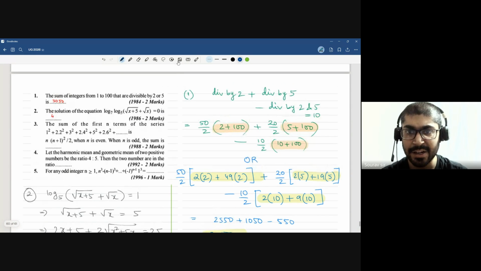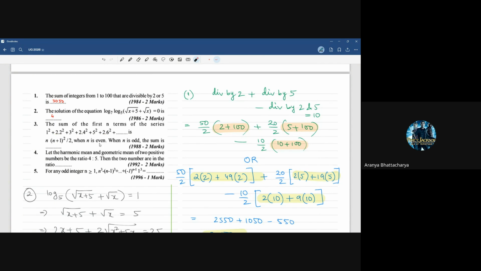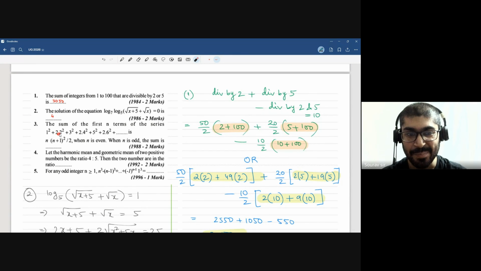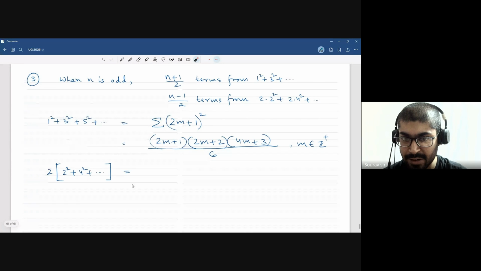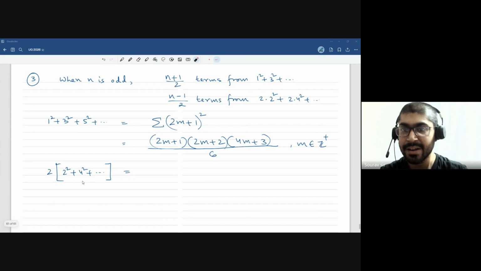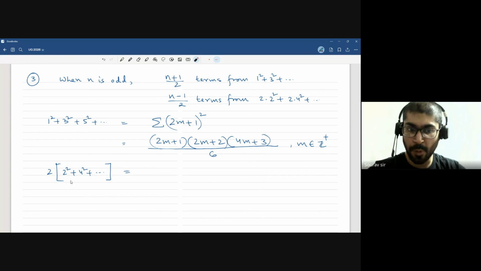See, these terms are all multiplied by 2 anyway, right? And even without the 2, we'll also get another 2 common from here, right? So let us not keep that 2 together. If I do not keep that 2 together, then I'll have one more outside.